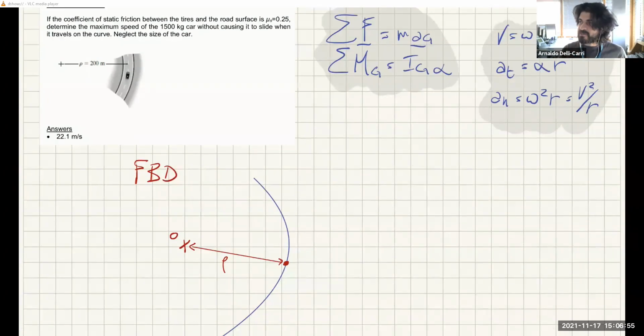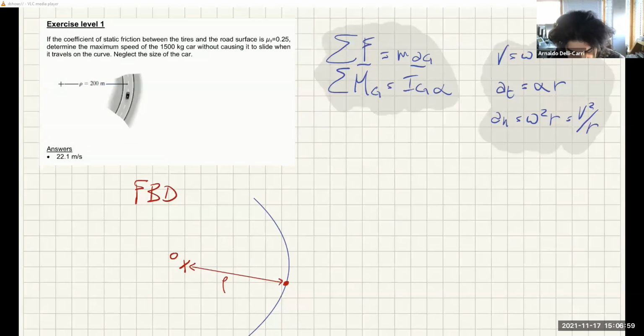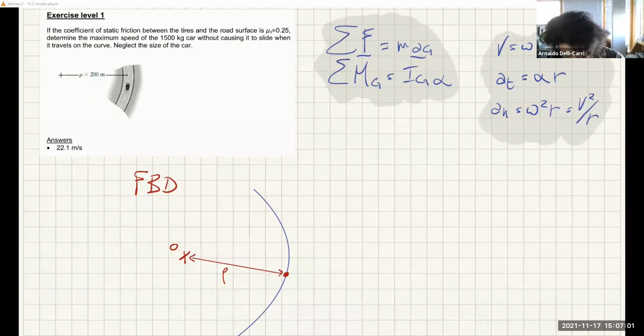And now how many forces are acting on this car? Well, of course, we know that there is the weight of the car. Now the weight of the car is acting inside the plane. So of course, we are looking at the car from the top. So the weight goes inside the road in this case, and the normal force is coming outside.